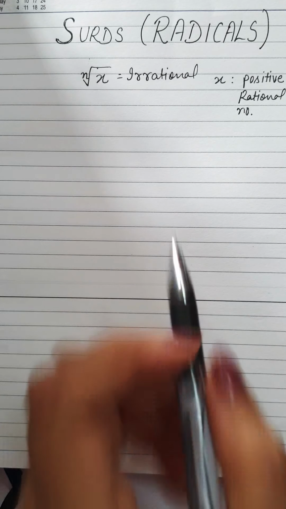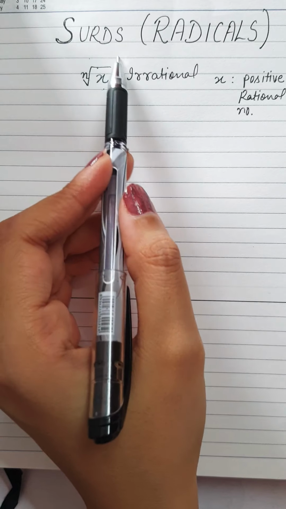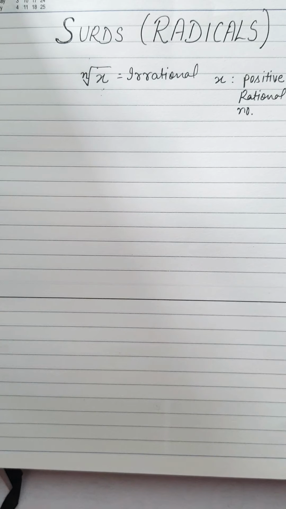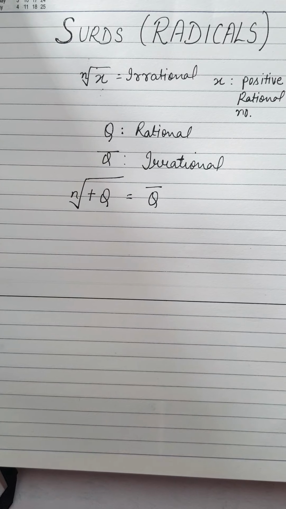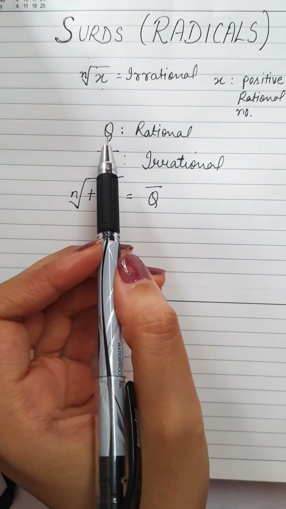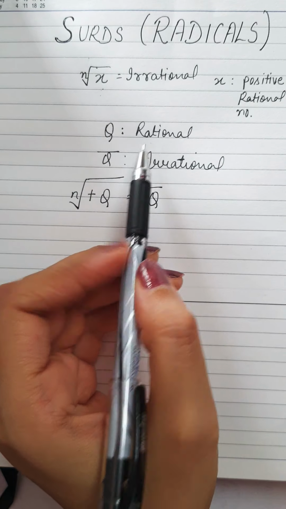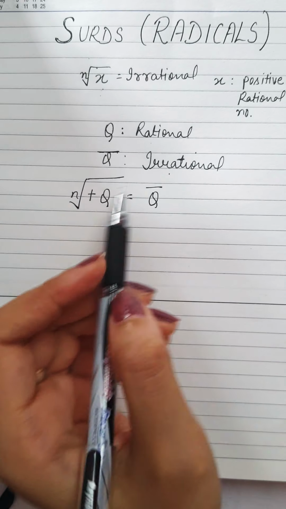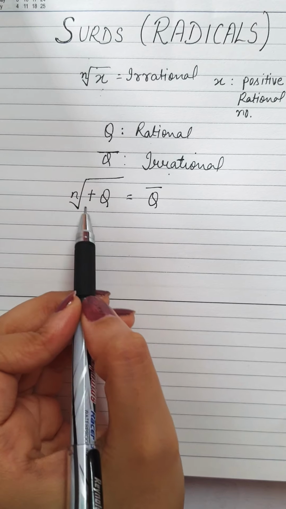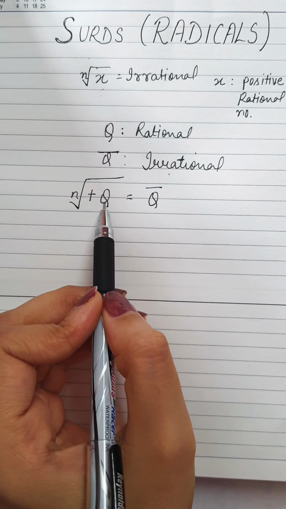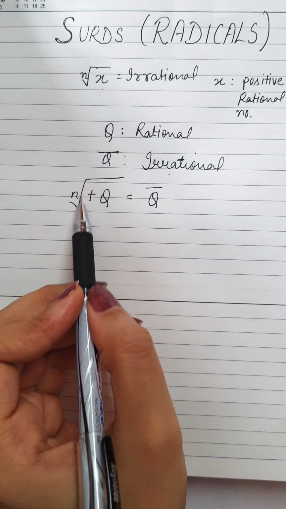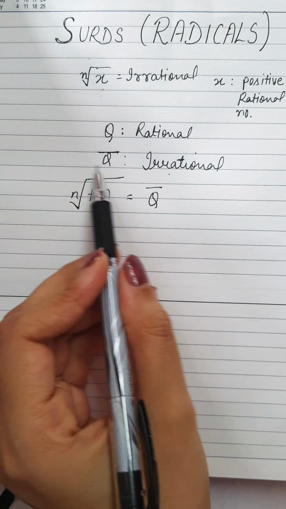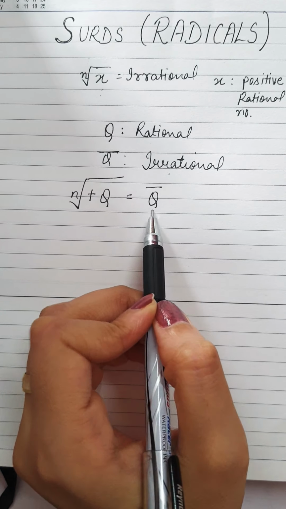That means this particular thing is a surd. First remember the symbol Q for rational and Q bar for irrational. Under the root should be a positive rational number, and after applying the root, the total answer should be an irrational number.